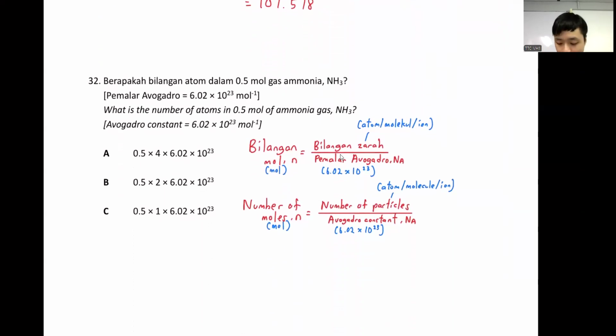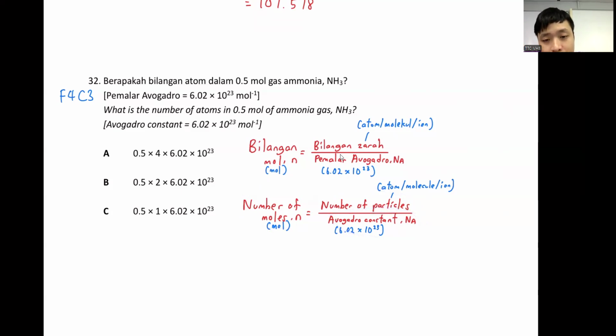Okay, 32. This is form 4, chapter 3. What is the number of atoms in 0.5 mole of ammonia gas? In this case, you have to know the formula: number of mole is number of particles divide Avogadro constant.